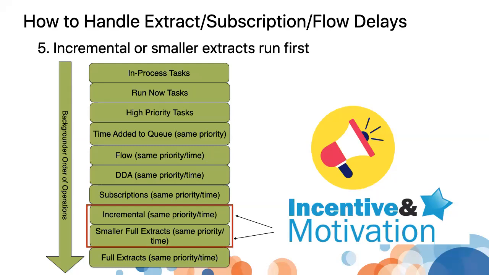Now the full extracts, although at the bottom, are likely the majority of the extracts on most of our servers, okay? So it still makes sense for people to design incrementals and make efficient joins for smaller extracts, so those ones can have less delays.